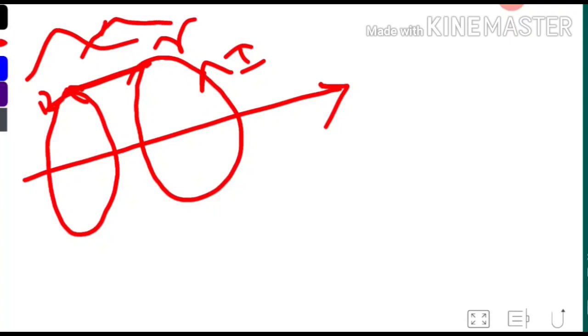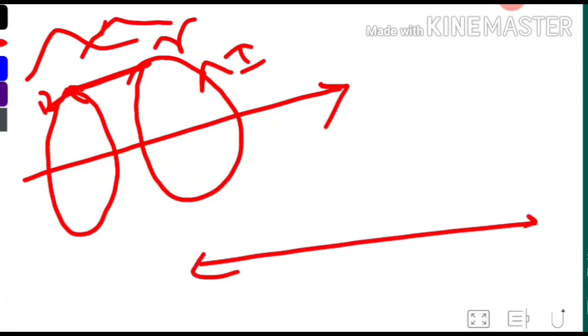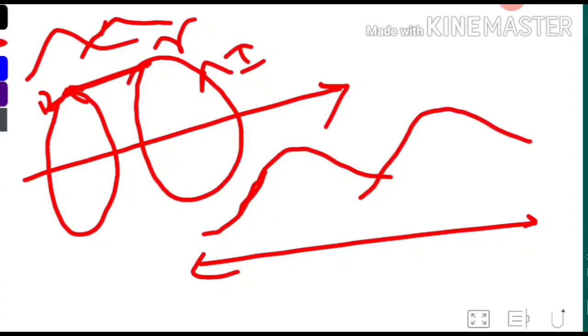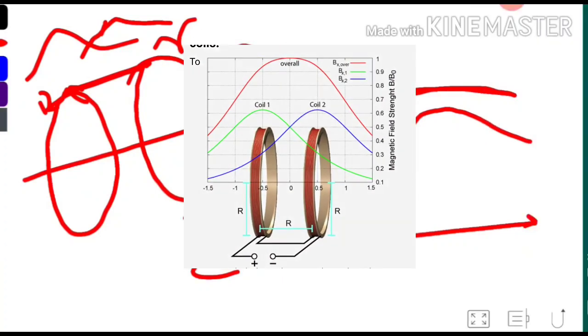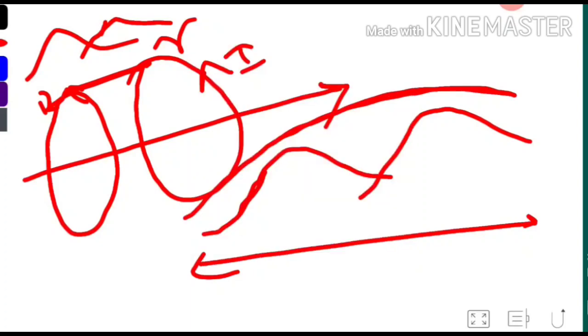For the first coil the graph is in this way, and for the second coil the graph is in this way. Due to the second coil the fall-off does not follow, so we get a uniform magnetic field around this. Using this coil arrangement, we can get a uniform magnetic field, and this type of coil is known as the Helmholtz double coil. Thank you.